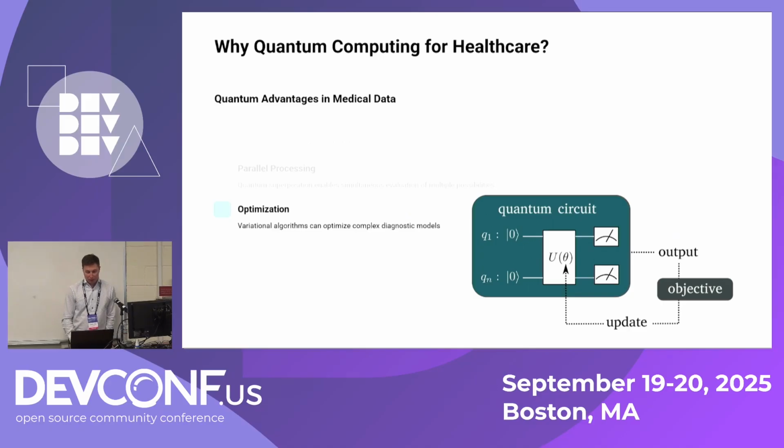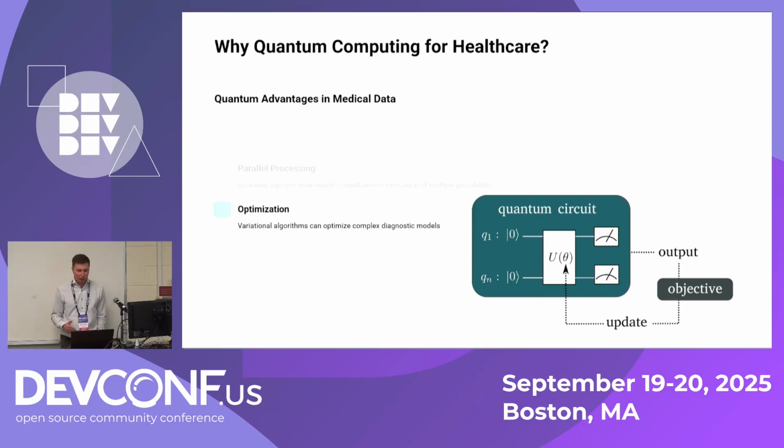And the other part of where healthcare connects with quantum computing: if you're familiar with machine learning, you'll have, for example, neural networks, right? You'll have weights that you're learning as part of your process. For this demonstration, it's very similar, but instead of weights, in this visualization on the bottom right, you'll see U of theta, and the idea is that theta is just some angle, but the reality is it acts kind of like a weight.